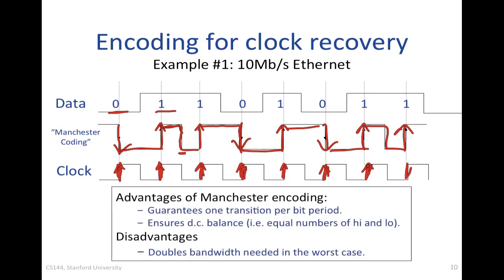So the advantage of this Manchester encoding is it guarantees one transition per bit period. It has a second benefit, which is a little bit more subtle. It does something called ensuring the DC balance. If I send those as voltage levels on the wire, if that was 0 and this was plus and this was minus, I'm actually spending just as much of the time above that line as I am below it.